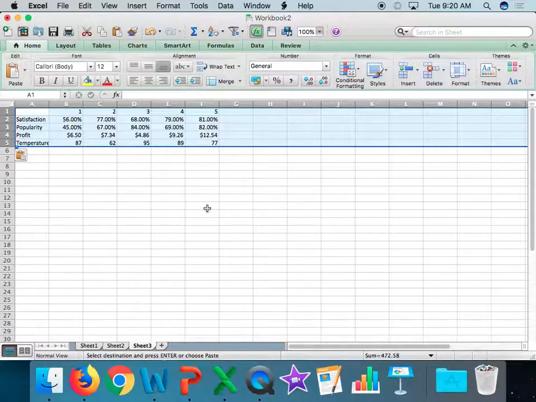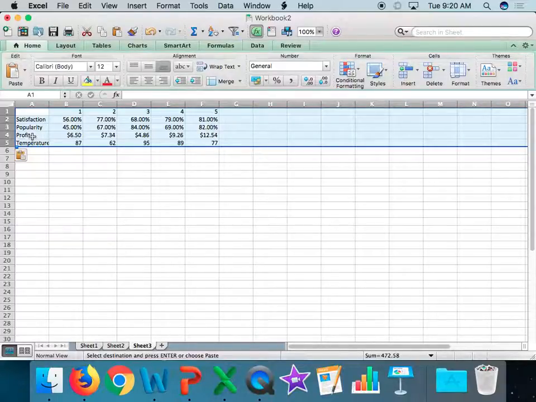Okay. Now, I have 4 columns here. I'm only doing 3 graphs. That means one of the graphs is going to be represented with 2 columns or 2 areas, 2 rows. Which 2 am I going to put together and why? Yeah. Satisfaction and popularity because they're both measured in percentage. Excellent.